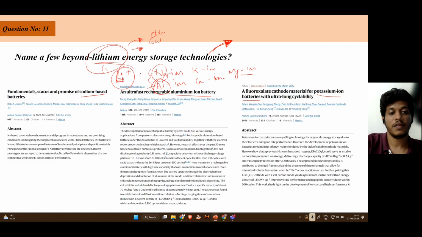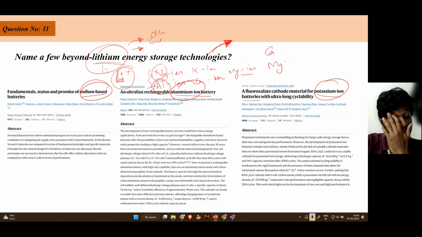So there are many researchers working on sodium-based, aluminum-based, and potassium-based batteries. People are also going for calcium-based and magnesium-based batteries, etc. But still, lithium rules the market because the size of the lithium ion is very small compared to sodium and aluminum.